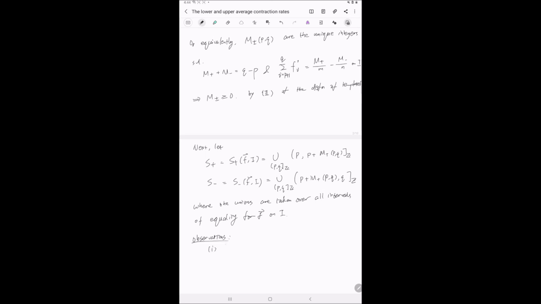First, S plus and S minus are disjoint. And second, their union is precisely all those integers from 1 to d. And third, you can check that the number of points in S plus is m, and the number of points in S minus is n.